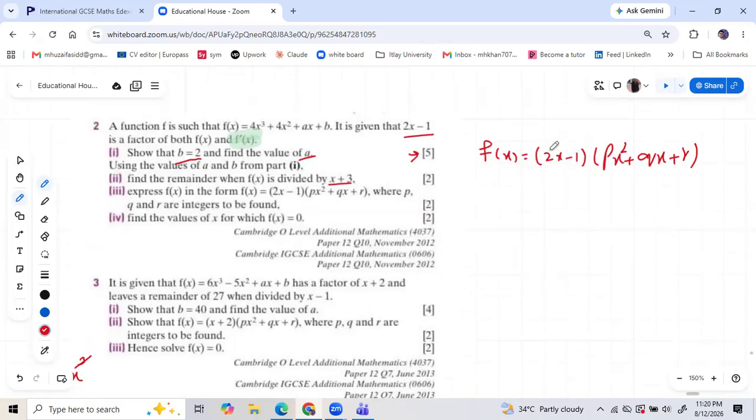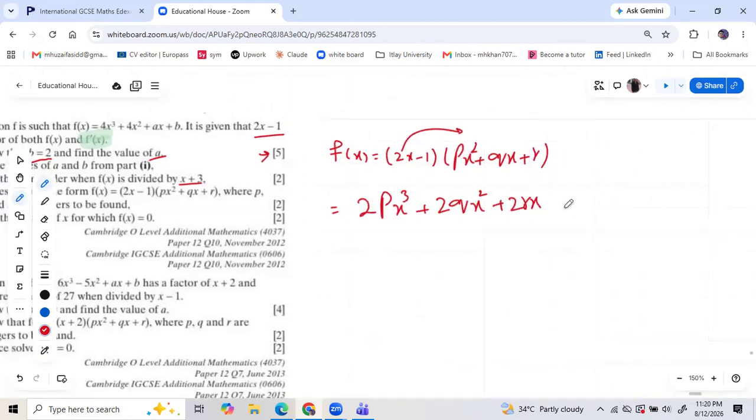So first of all, we can multiply 2 of x. This is your 2p of x cube, and plus 2q of x square plus 2r of x. And then we can multiply, this is your minus p of x square minus q of x minus r.